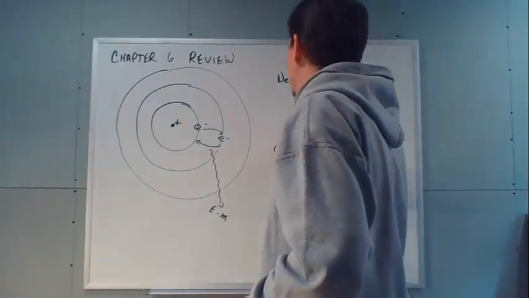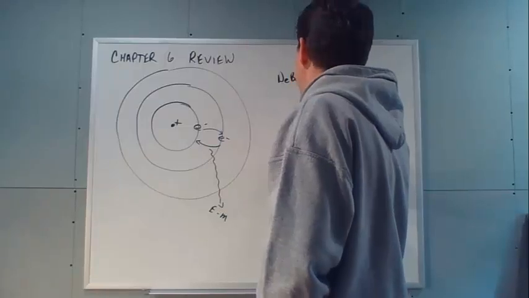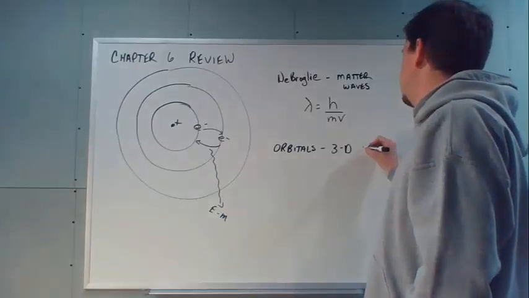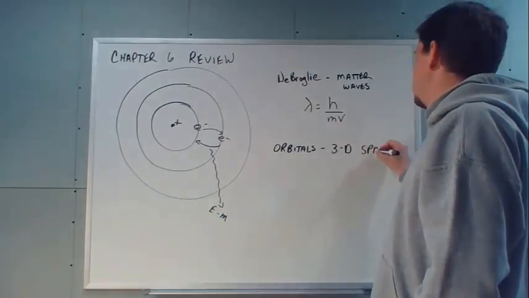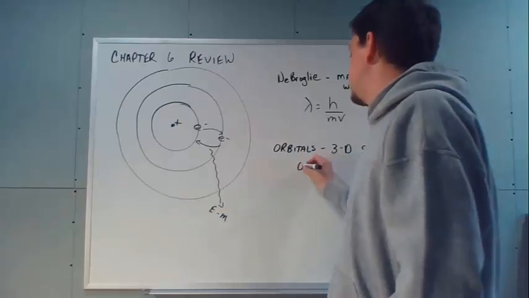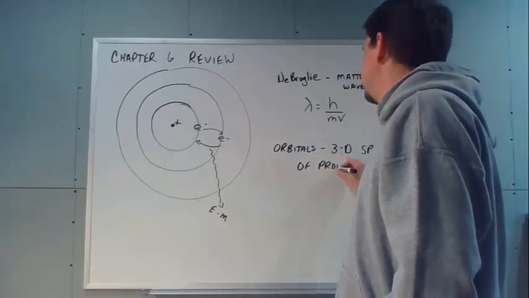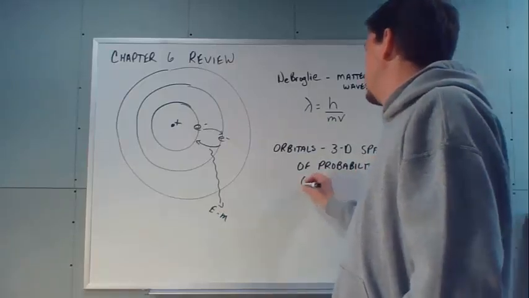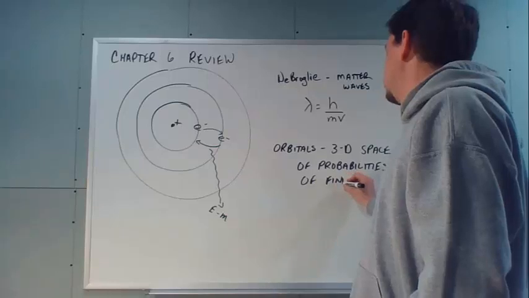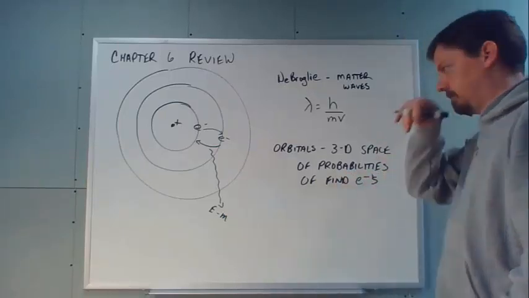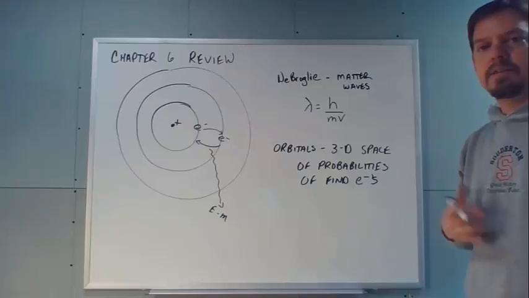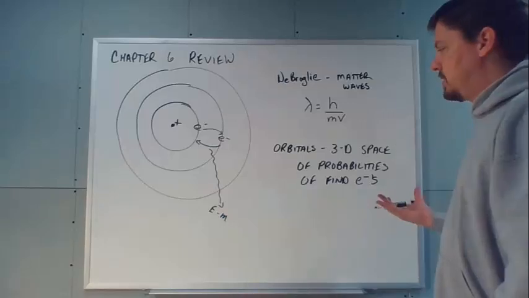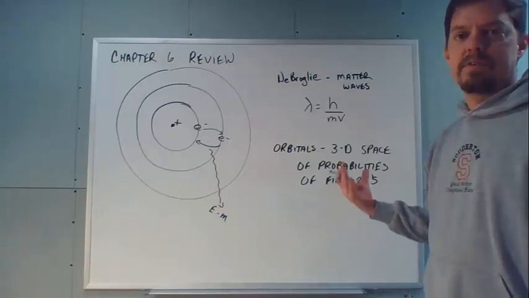Okay, so our orbitals are our 3D space of probabilities of finding electrons. All right, so the different energies are going to have different spaces, different orbitals, different shaped orbitals.